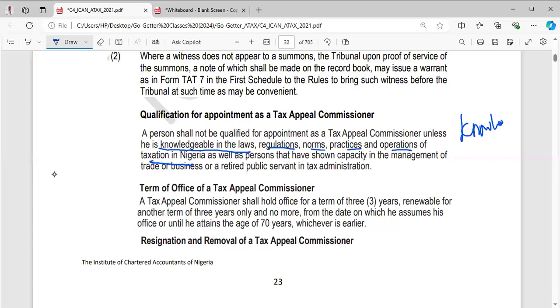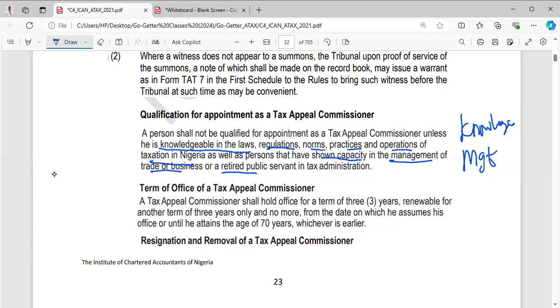Knowledge of this. Then, as well as persons that have shown capacity in the management of trade or business, or retired public servants in the tax administration. So management. So knowledge plus successful management makes you a candidate for tax appeal commissioner.